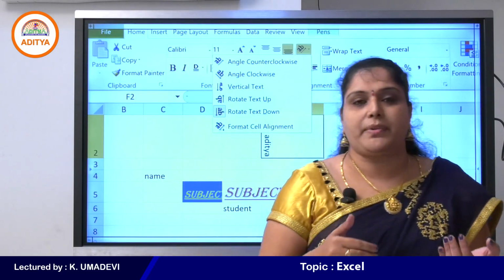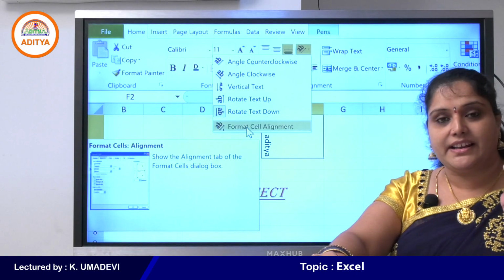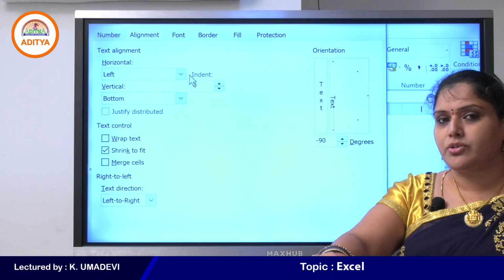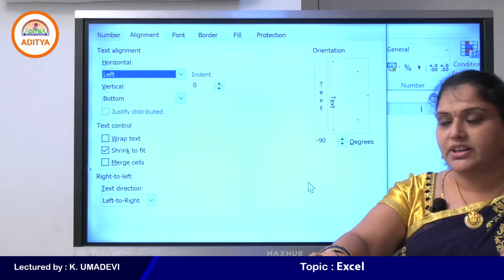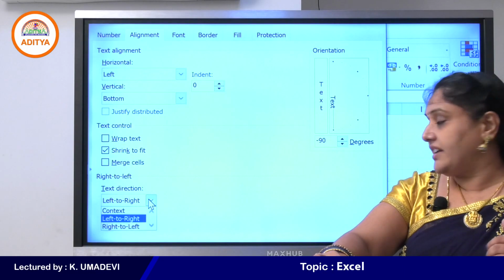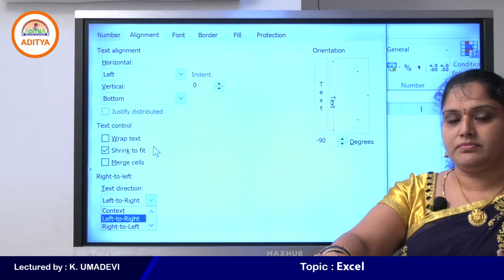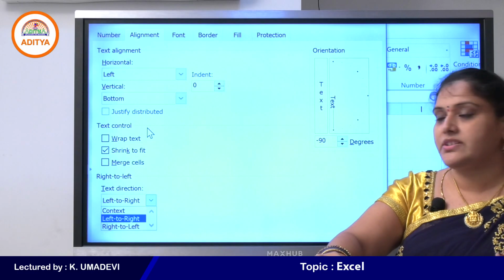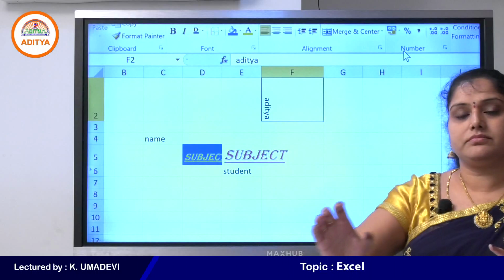If you want to apply some more directions, you can go to the format cell alignment dialog box. Under this dialog box, go to the alignment tab and change the horizontal direction, vertical direction and text directions, the text controls. Just observe the preview, then you can select any one of the options and click on OK.